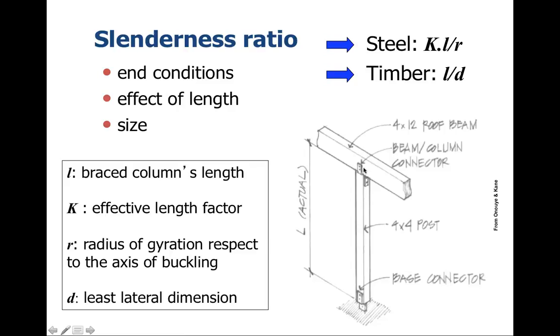Okay, so here's an example of our column, a 4x4 column, and we have a load, say it's carrying this load. Some of the considerations are how it is fixed at the bottom and also how it is fixed at the top.